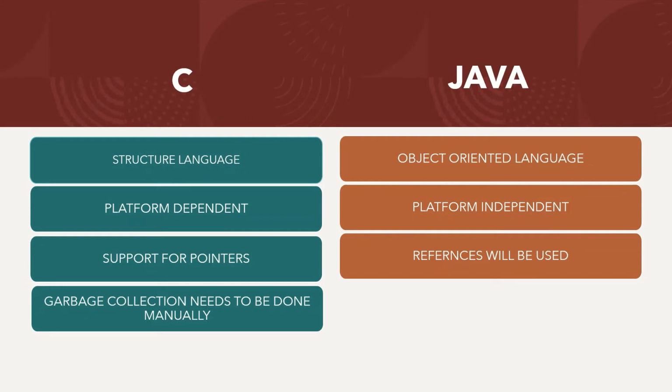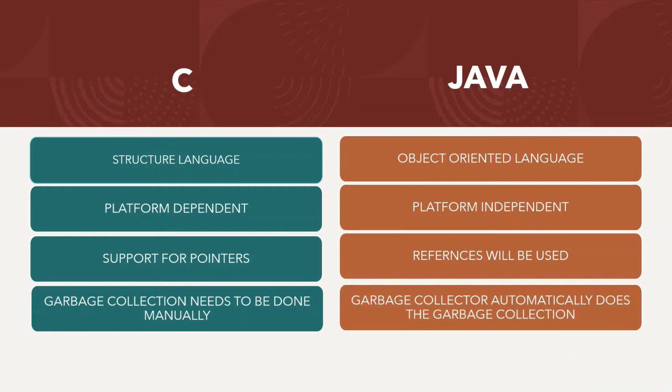In Java, the JVM takes care of it. Garbage collection is nothing but removing objects. The garbage collector finds the unused objects and deletes them to free up your memory.